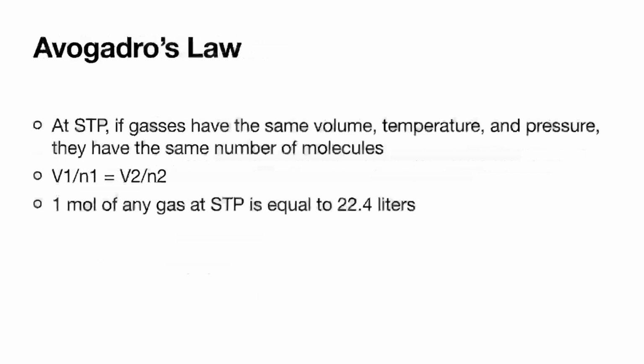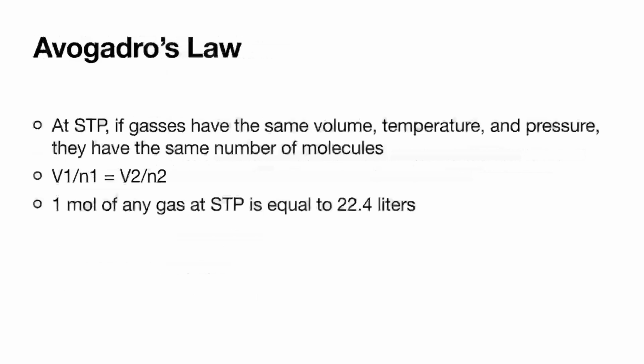Now, moving on to Avogadro's law, this is now going into the number of moles and the number of molecules in the gases. So we're focusing away from just pressure, volume, and temperature, and now going into the amounts. So at STP, which is 273 Kelvin and 1 atm, if gases have the same volume, temperature, and pressure, they have the same number of molecules.